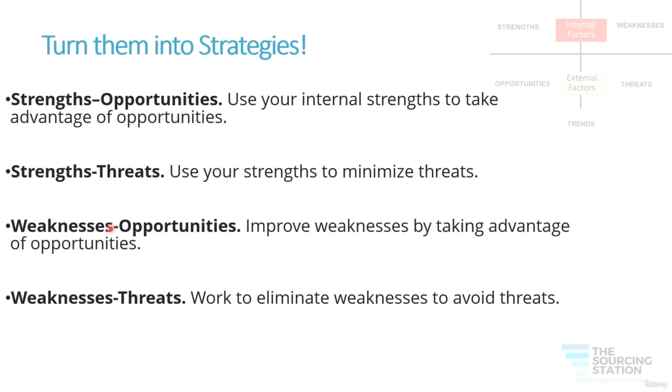And of course, if you have weaknesses, find out what are the weaknesses that would limit your opportunity and try to improve your weaknesses. Okay? And definitely, if you have weaknesses, eliminate them again to avoid threats. So these are pretty straightforward. Again, it depends on what is the complexity scale that you have for your project. You can decide what sort of market intelligence information or tools that you want to use.